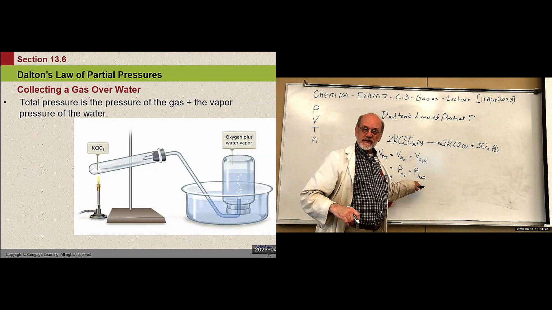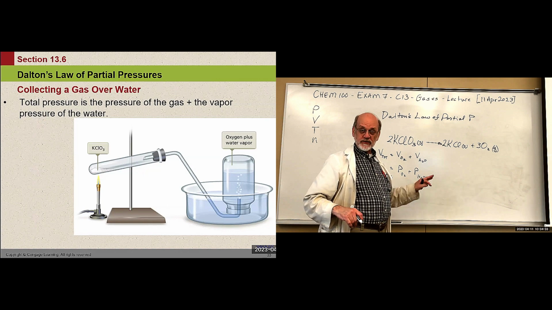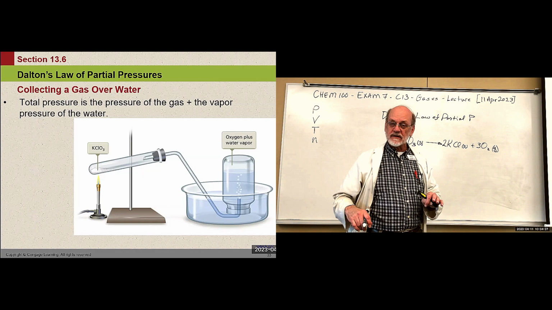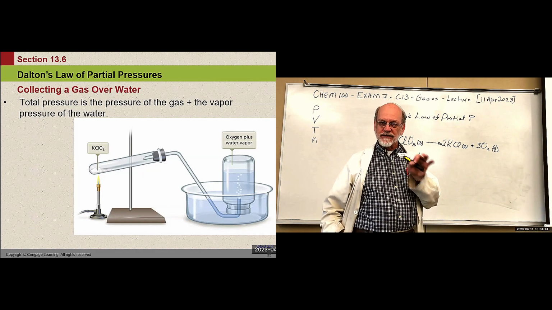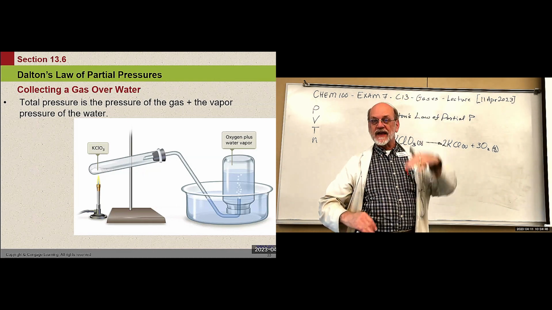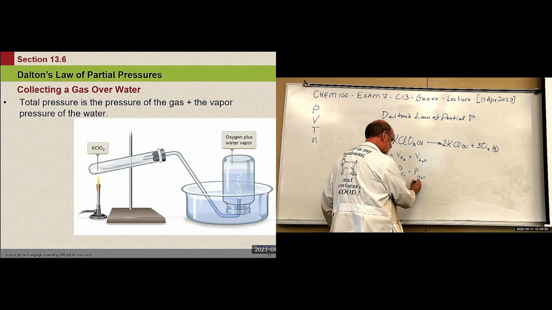Now what we need to know is what's the pressure of water vapor? Well, fortunately, water vapor is very well behaved. So water exerts a vapor pressure of a certain value depending on temperature. And we have charts that tell us what that is. So we look at the temperature and we get the pressure here.